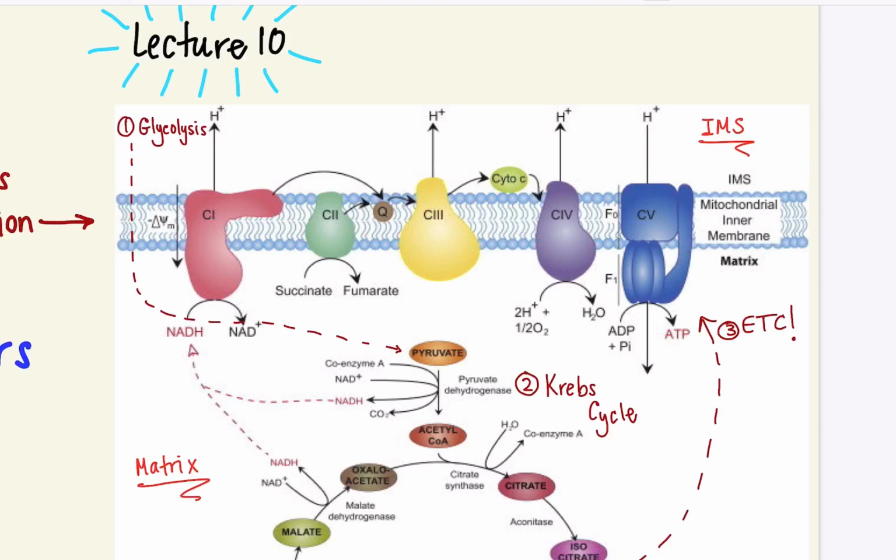One reaction that I missed is complex 2. And complex 2 does basically what complex 1 does. Complex 1 takes electrons off of NADH and gives them to coenzyme Q. And complex 2 takes electrons off of FADH2 and gives them to coenzyme Q. Where does this FADH2 come from?